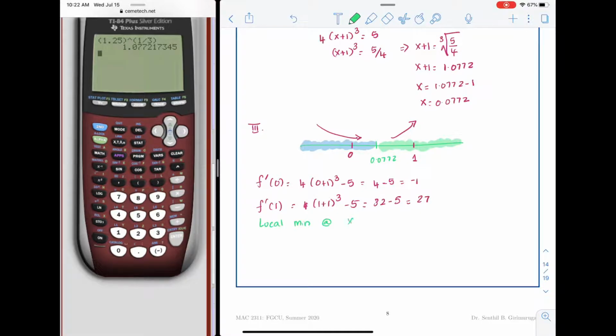So our conclusion is there is a local minimum at x is equal to 0.0772.